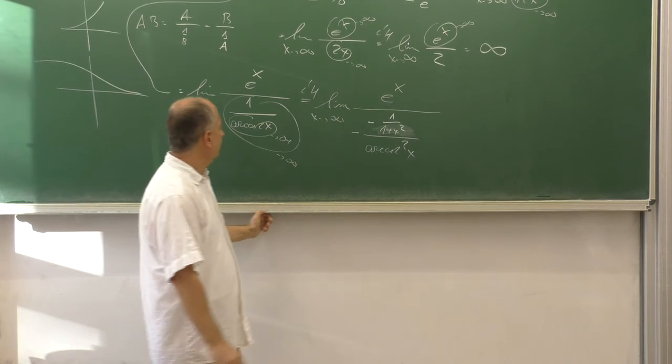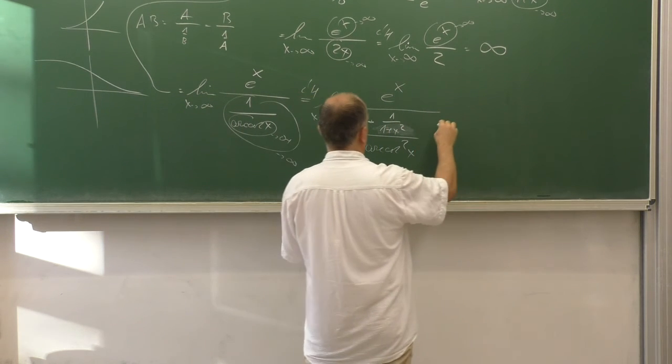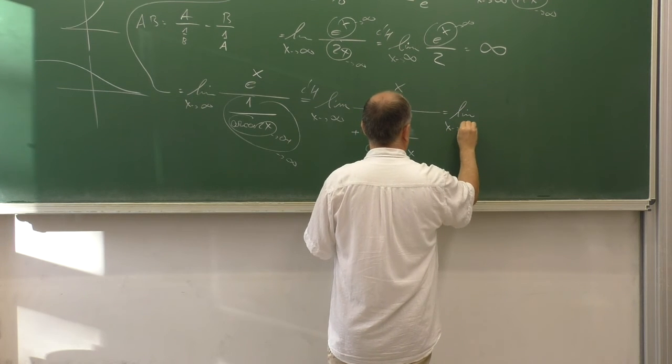Well, and let us simplify this fraction. So minus divided by minus is plus, and we have the limit for x approaching infinity.